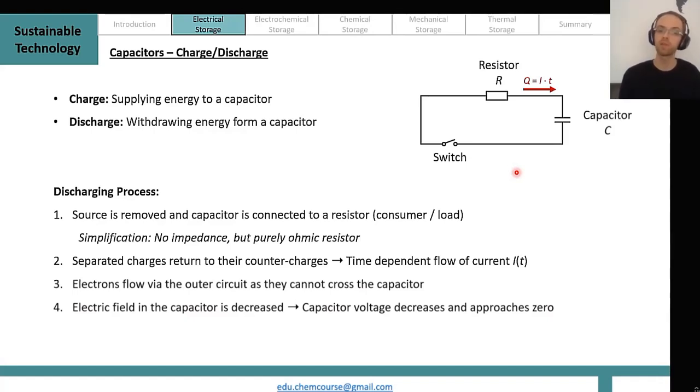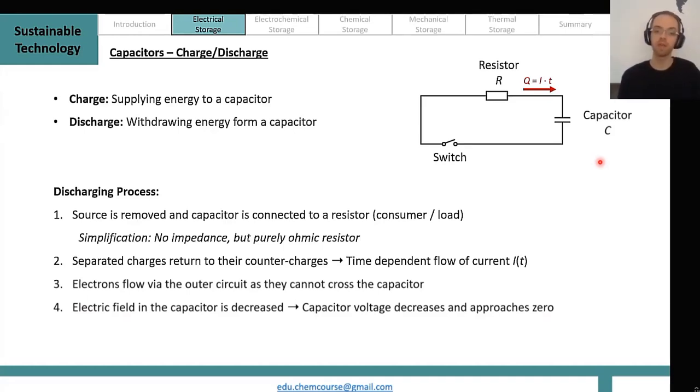So the electrons will flow again via the outer circuit to combine with each other, as they can still not recombine over this capacitor. The more charges recombine with each other, the smaller the electric field will get, and the smaller, of course, also the stored energy in the system will get.